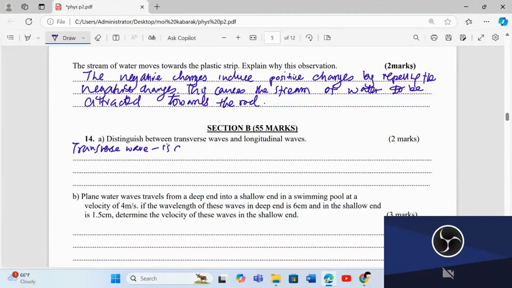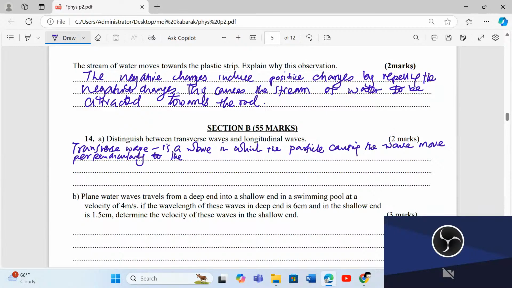is a wave in which the particles causing the wave move perpendicularly to the direction of the wave. How?